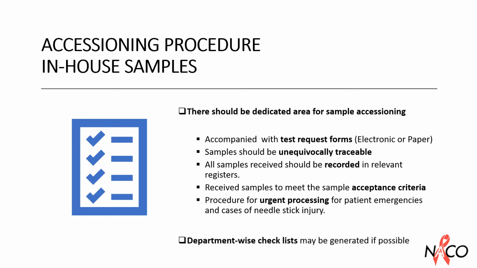Department-wise checklists may be generated for biochemistry, hematology, clinical pathology, serology, microbiology, histopathology, and cytology, and specimen referrals. The samples are to be separated department-wise, centrifuged or processed as per protocol and delivered to the respective departments.